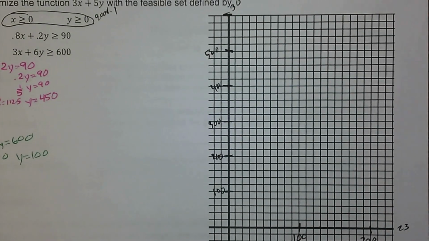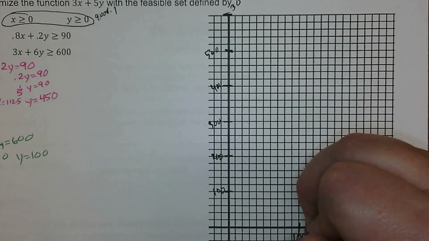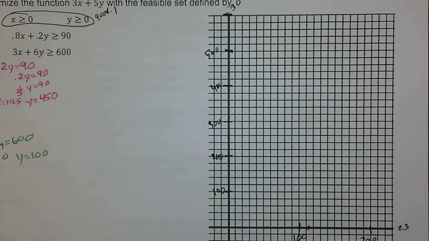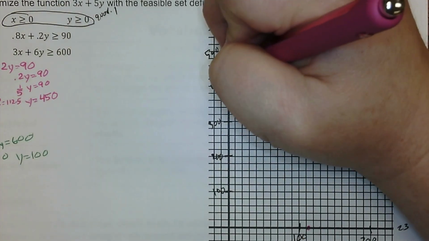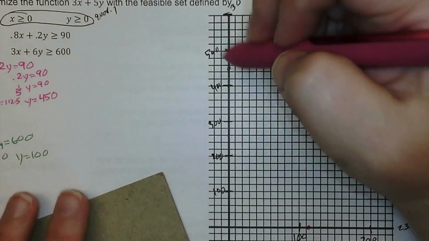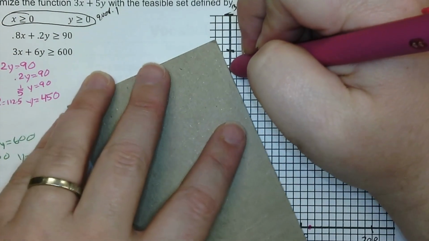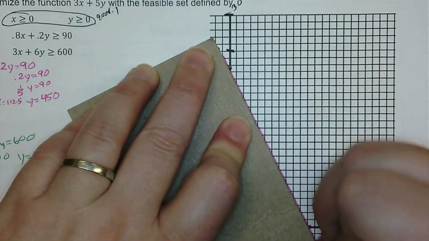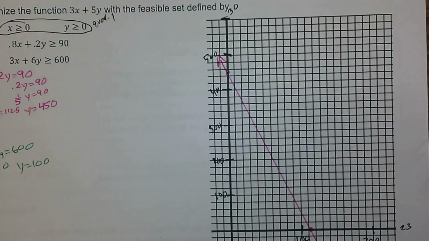So the pink crosses at 112.5, so I'm going to say that looks to be right about there. And it crosses at 450, which looks to be right about there. I'm going to use the cardboard straight edge again to get a graph.